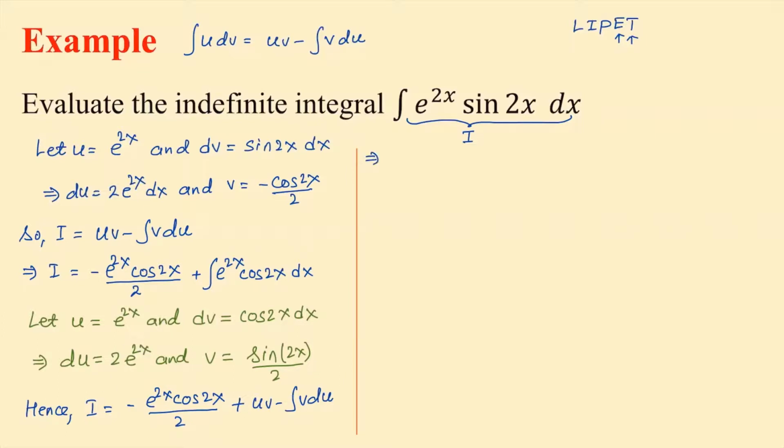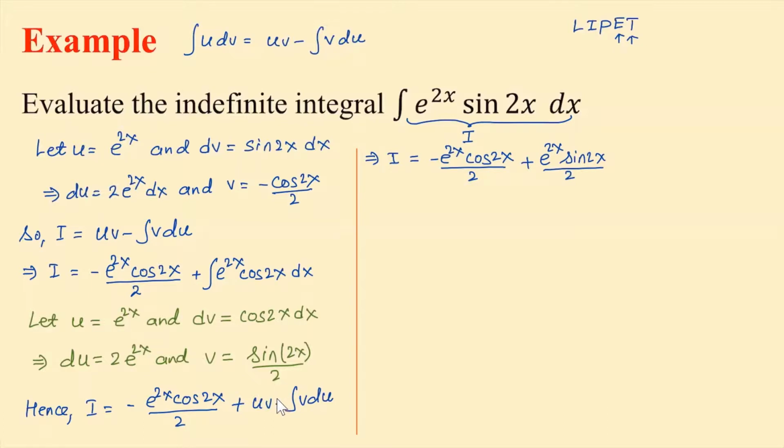On the left hand side, I have I, this integral. I is equal to negative e to the 2x cosine 2x over 2, then plus u times v. If we multiply u and v over here, we get e to the 2x sine 2x over 2.